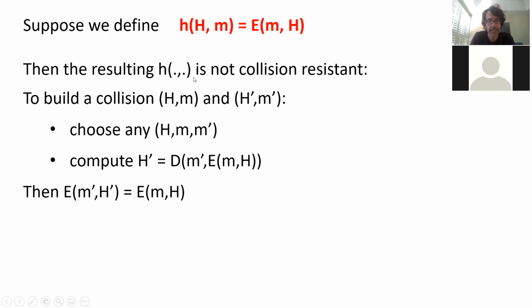So pick any h and m, and any m prime, and now invert: run E in the backward direction on m prime, where the output is this. Now you can check that if you apply E with key m prime to this value, you must get this plaintext back, and therefore you have the collision.